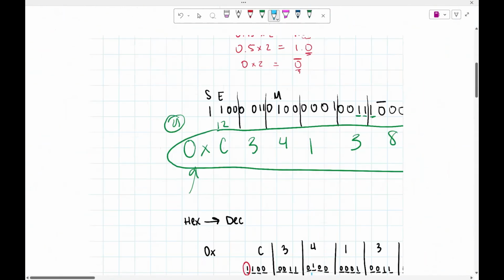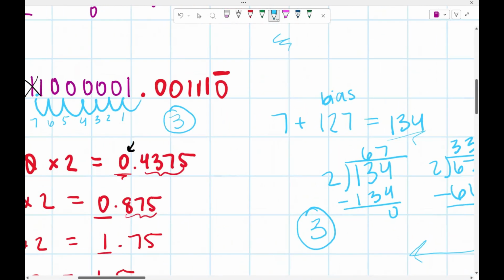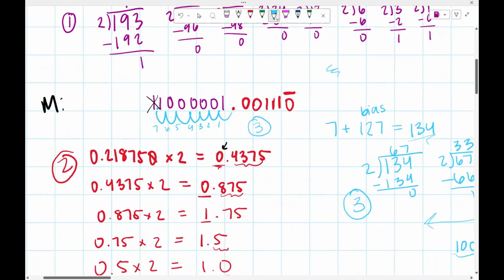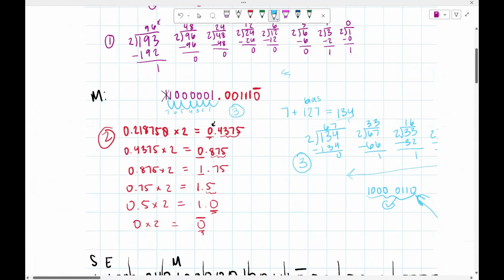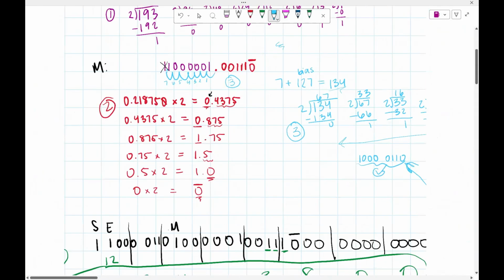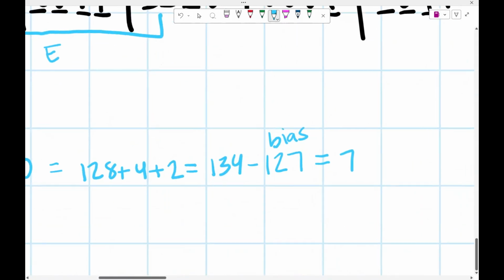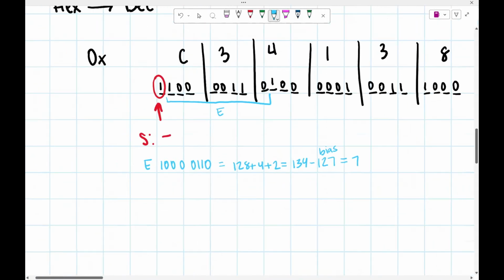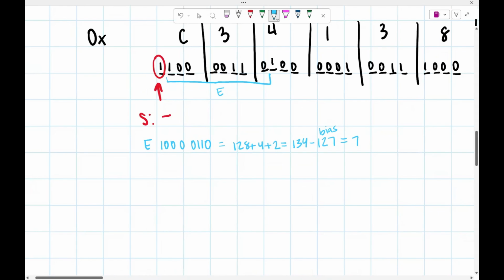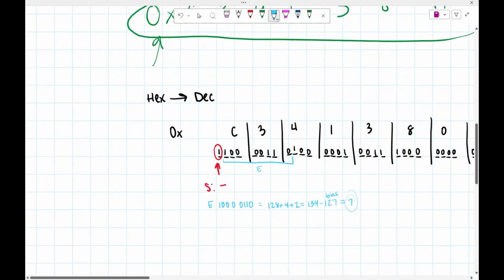Okay, so over here, I was adding our bias to the amount of times we were moving because we were trying to get to binary, right? But over here, we're trying to get back to decimal. So instead of adding our bias, we're subtracting the bias. It's the opposite in this case, remember? So we know our exponent is 7, so that's going to play a key role later on.